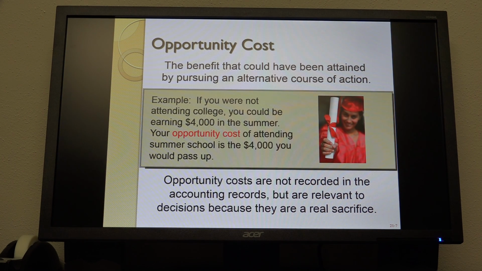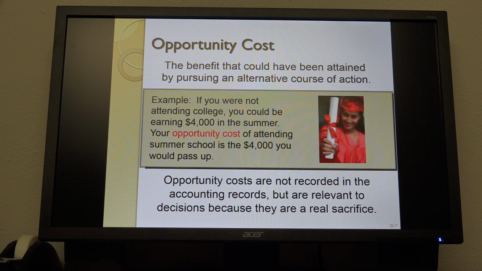Well, what's an opportunity cost? You probably didn't think of it in these terms, but your decision to take college courses and, if you're looking for a degree, to get a degree, you had to consider opportunity costs. Now, if you're going full time, you probably had to give up a job, possibly, for that.